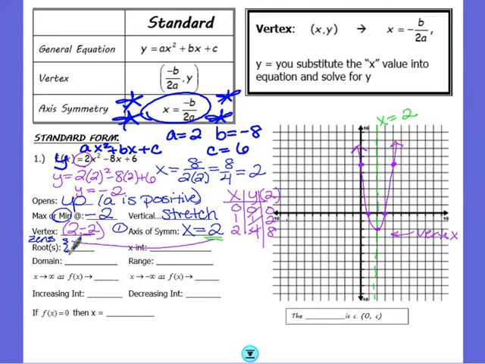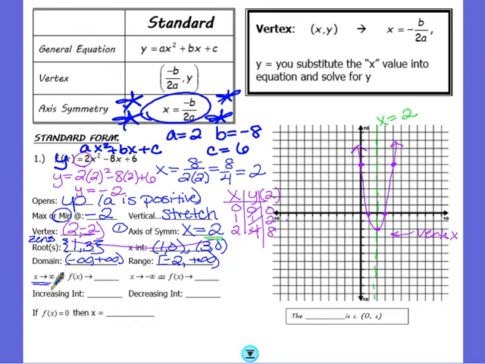So that is going to be a 1 and 3. Our x-intercepts, write your zeros or roots as an ordered pair. So 1, 0 and 3, 0. Our domain is all reals. And our range, our lowest value for the y's is negative 2 to positive infinity.